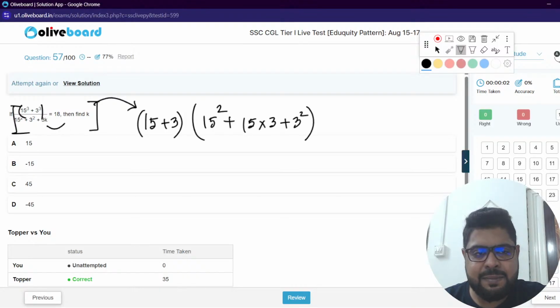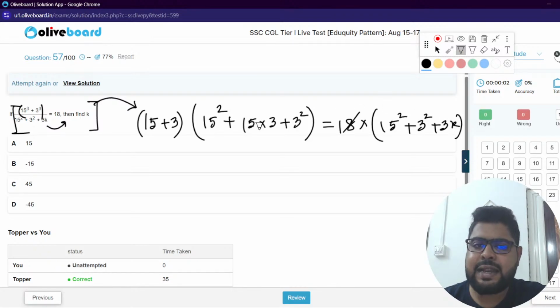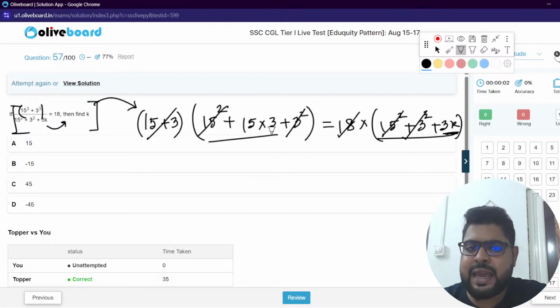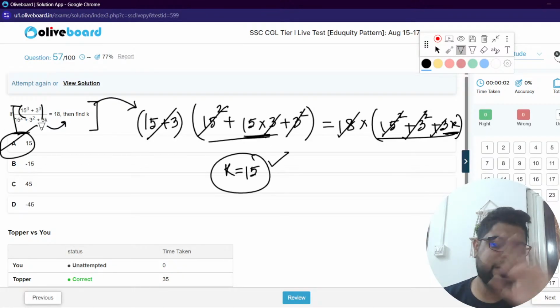Multiply this, and 18 times cancels, then 15 square cancels, 3 square cancels. 3k equal to 15, so 3 cancels. K is 15. Done. Option A.